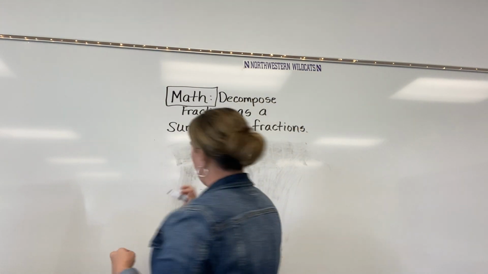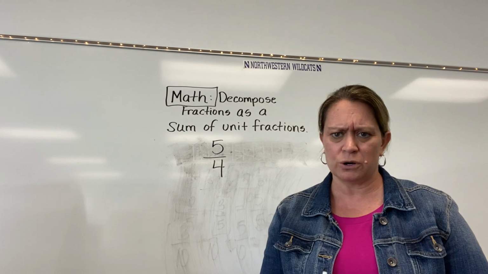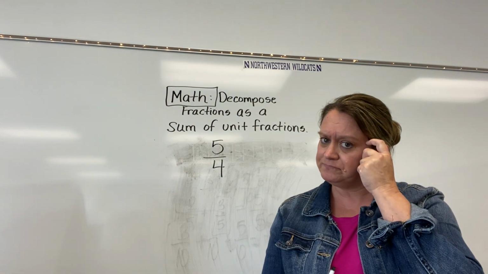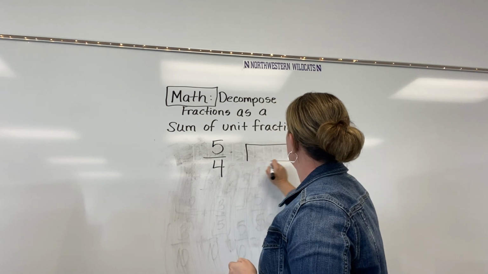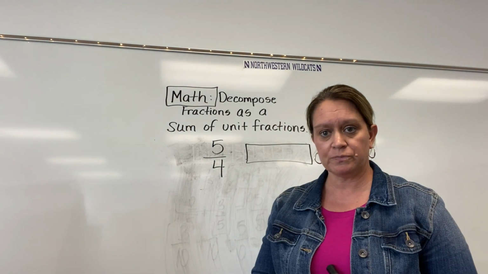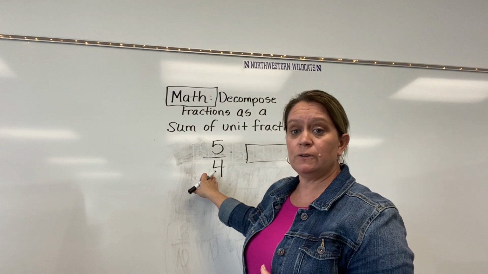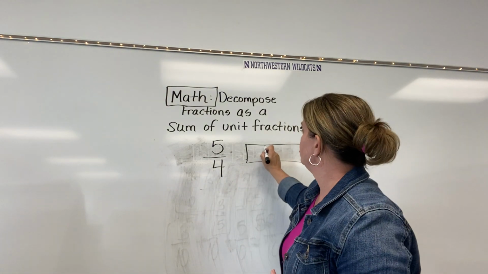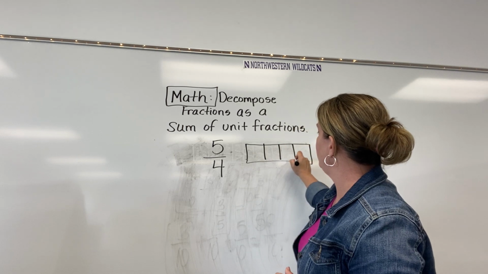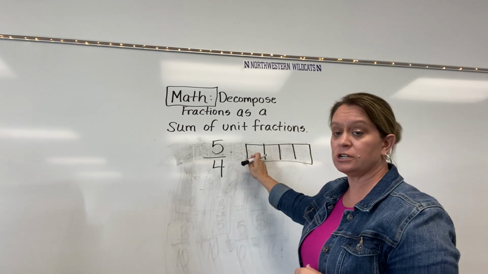Well, how would I decompose 5/4? First thing I'd want to do is draw one tape. Your denominator is going to tell you how many pieces to break that into. So 1, 2, 3, 4 spots.